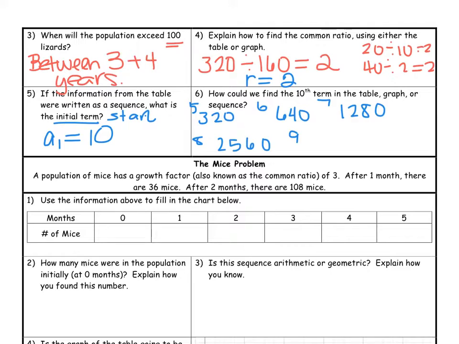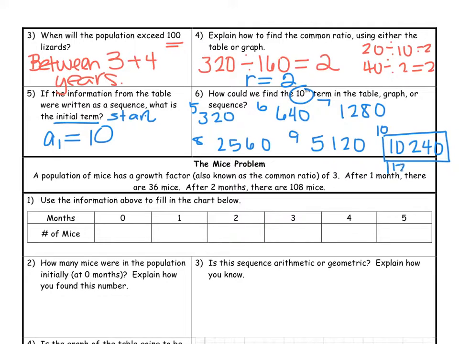Our 9th term, if I multiply 2,560 by 2, is going to give me 5,120. And then my 10th term, if I multiply 5,120 by 2, I'm going to get 10,240.